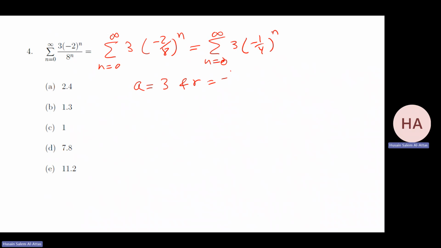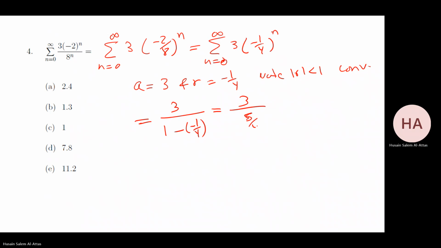And R is minus 1 over 4. Note absolute value of R is less than 1, so it converges. And what is the sum? It will be A over 1 minus R, minus 1 over 4. That will be 3 over 5 over 4, that will be 12 over 5, which is 2 plus 2 over 5, which is 2 plus 0.4, which is 2.4.